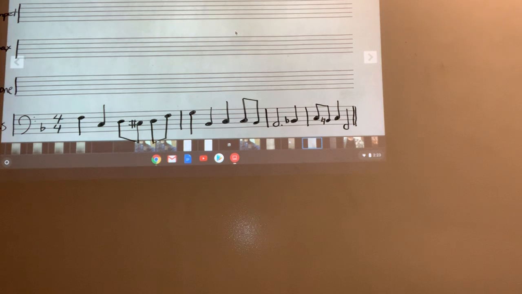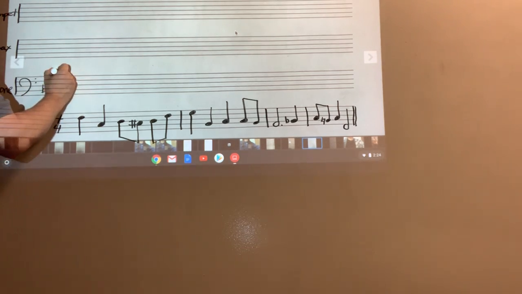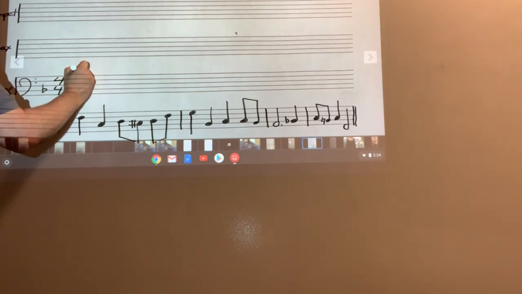Trombone, same thing. The only thing you're going to have to change is the stem direction. Bass clef for the trombone is the tenor part. He will be in F. He starts on C, in 4/4. Don't forget the time signature.